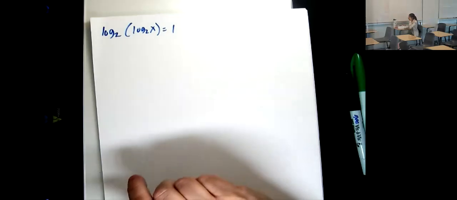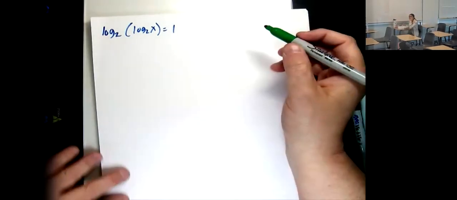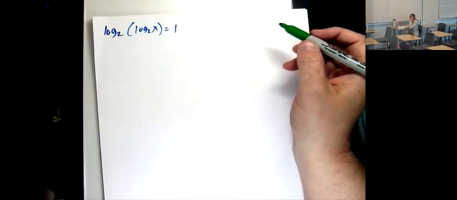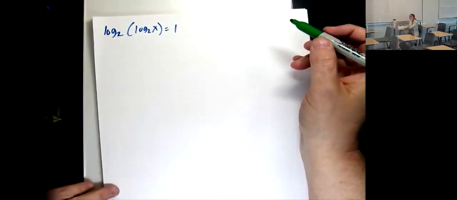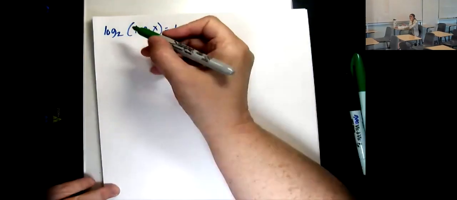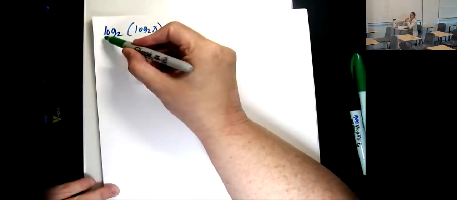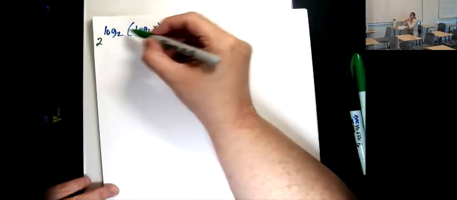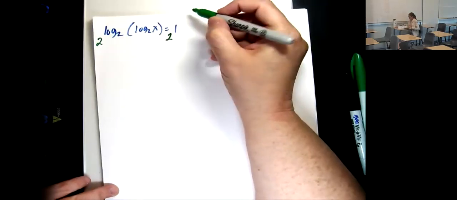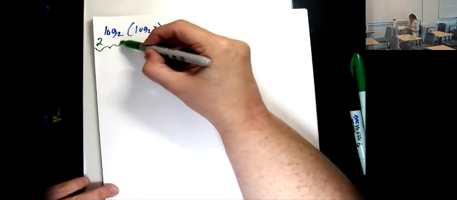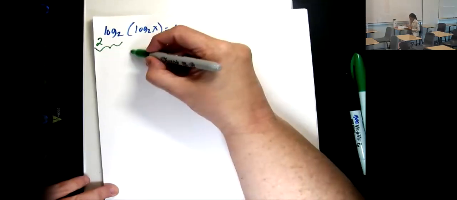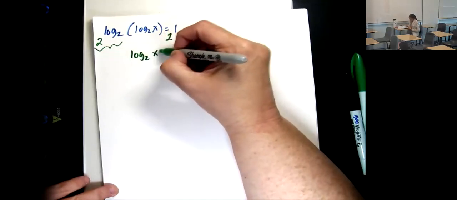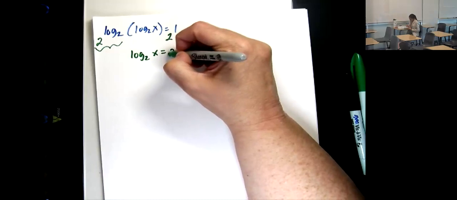Well, tricky. We got a double log and they're put together, one's inside the other. When you've got one inside the other, you've got to deal with them in order. You can't deal with them at the same time. So to get rid of this log, I'm going to raise it to base 2 on both sides. That'll deal with that. And I'm left with log base 2 of x equals 2 to the first power, or just 2.